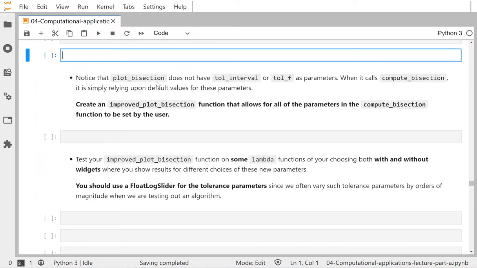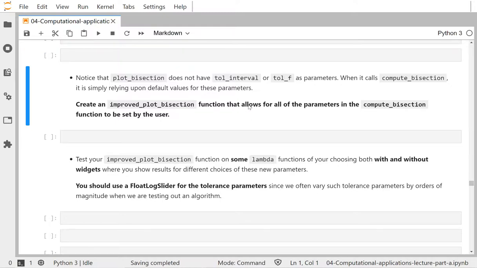Now you should notice that the plot bisection function does not have the tol_interval or tol_f as parameters. That means when it calls the compute bisection function, it is simply relying upon default values for these parameters. You need to create an improved plot bisection function in this code cell that allows for all of the parameters in the compute bisection function to be set by the user.